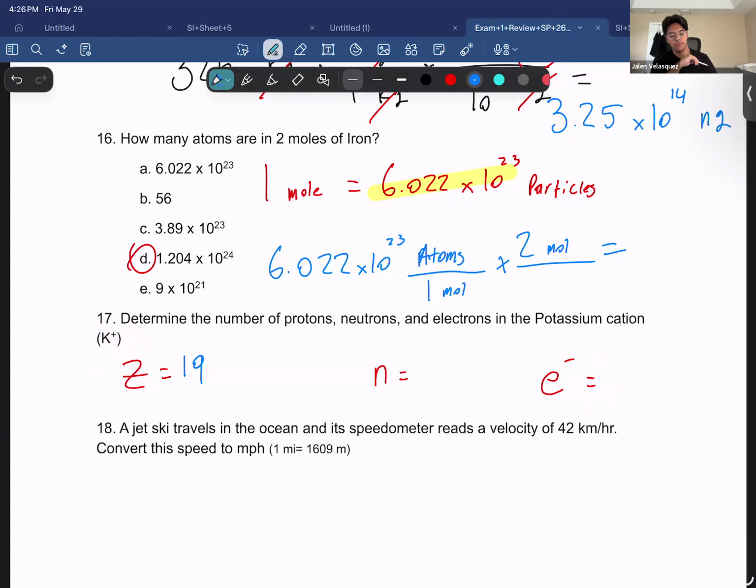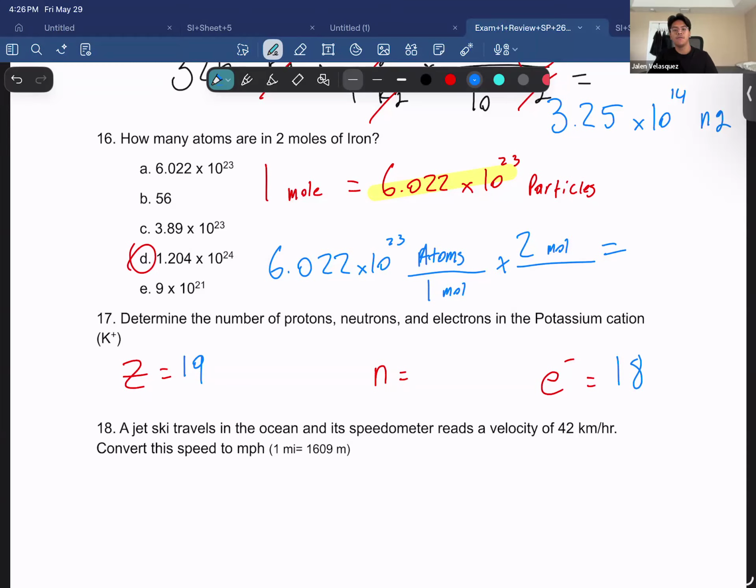Remember that the protons are positive, electrons are negative. If it was neutral, you would expect that the protons and electrons are equal. But we have a +1 charge, so the potassium lost 1 electron. So we have 18 electrons.